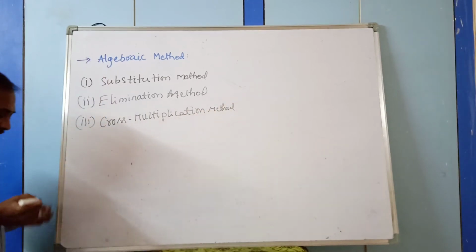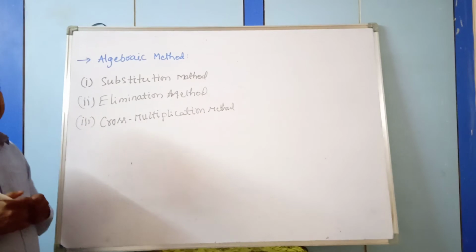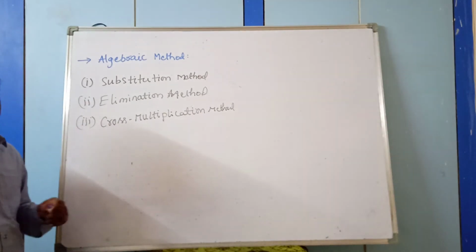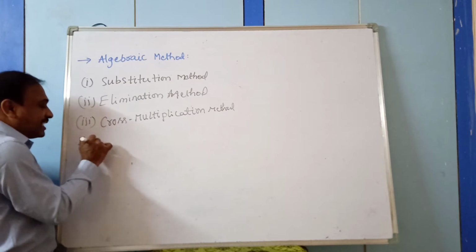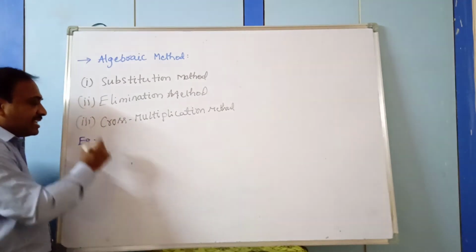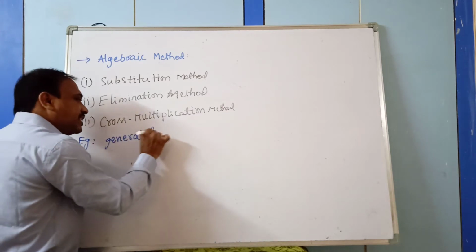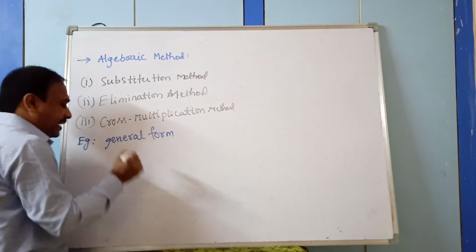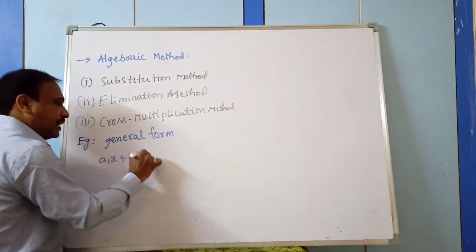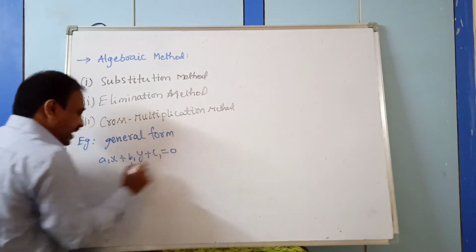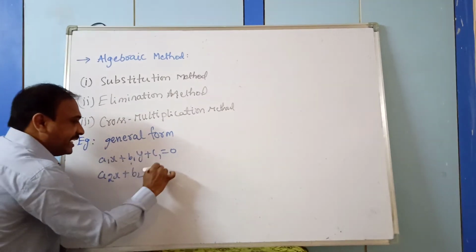Before going to solve all this, first let us discuss what the coefficients are with an example. For the pair of linear equations, the general form is a1x plus b1y plus c1 equal to 0 and a2x plus b2y plus c2 equal to 0.